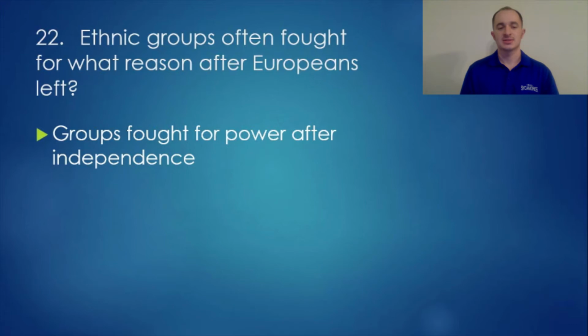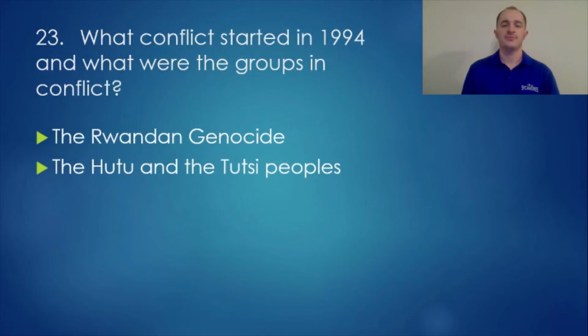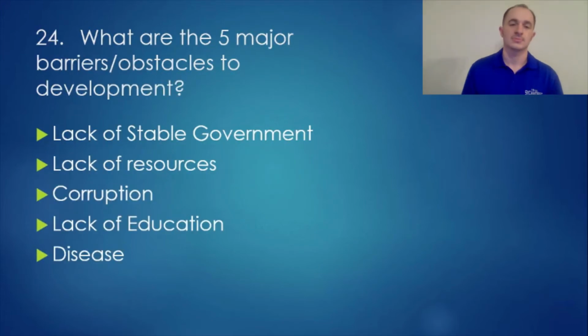And we would see this in the next question. So what conflict started in 1994 and what were the groups in conflict? So we have in 1994 the Rwandan genocide start, and that is between the Hutu and the Tutsi peoples.